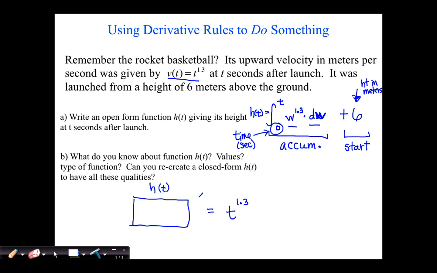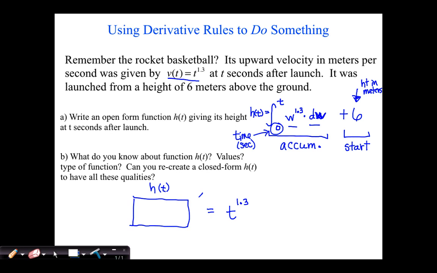What type of function would it have to be? Is it a cosine function? Would a derivative of a cosine come out to be t to the 1.3? No. If I'm going to have a variable raised to a numerical power, that's a power function. In order to end up with something like that, what sort of thing would I need here?